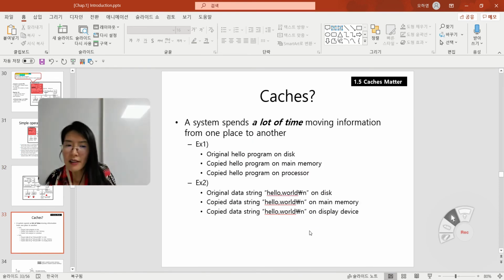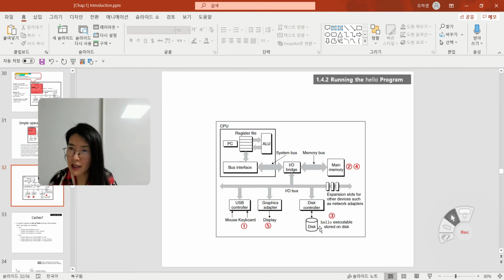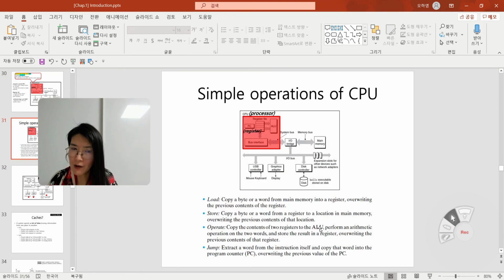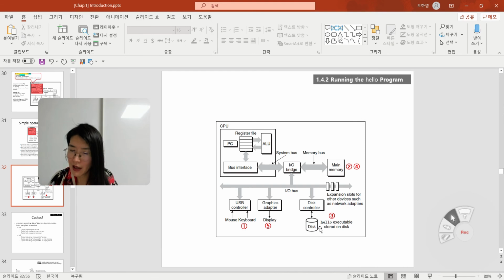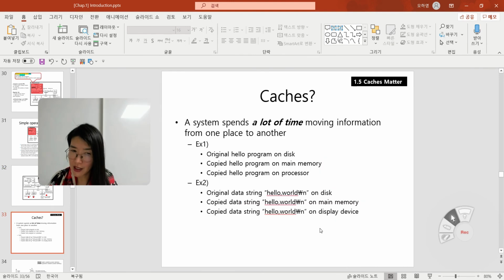Okay. In this video, we talked about the simple operation of the CPU as well as the more specific operation of the executable file on your own disk. All right. From the next video, we will talk about the definition of caches. All right.